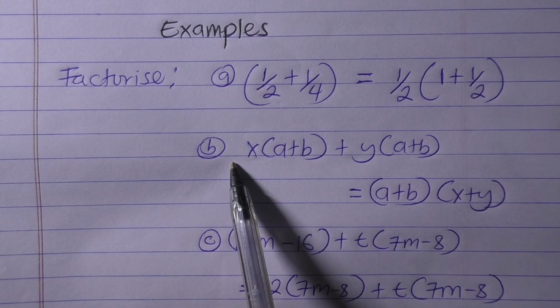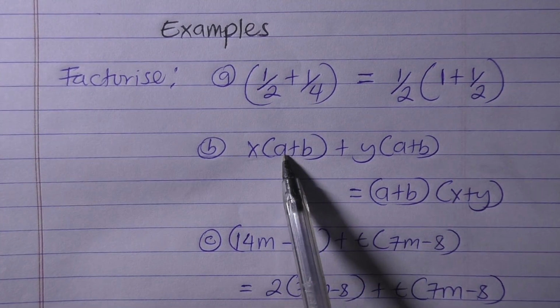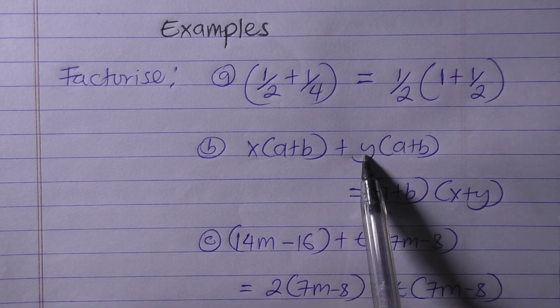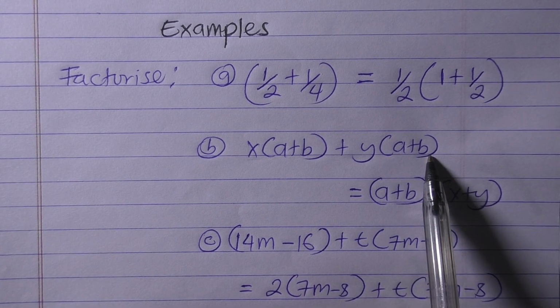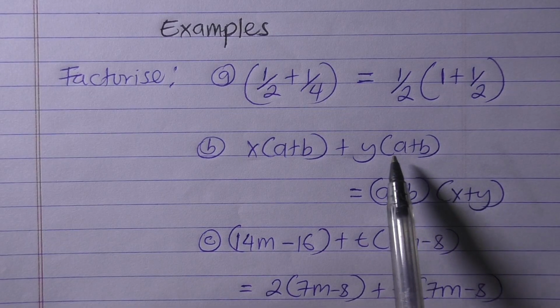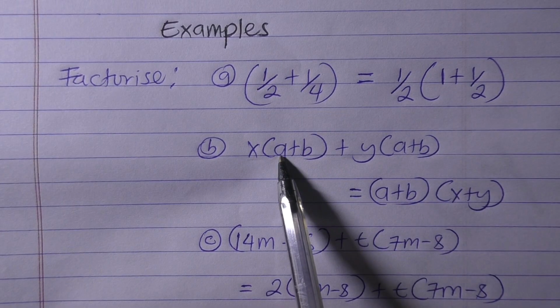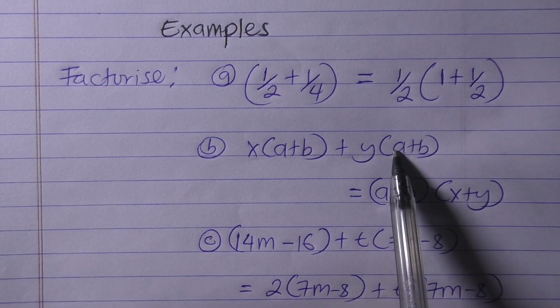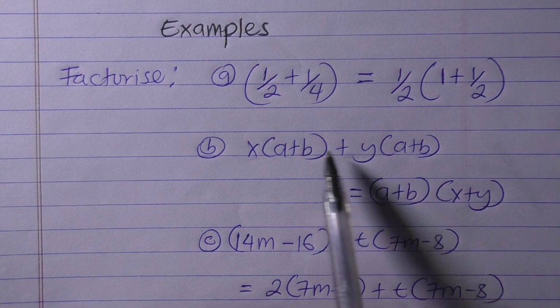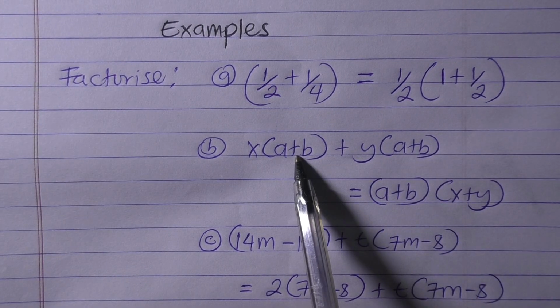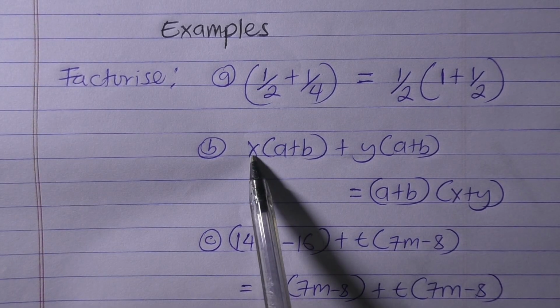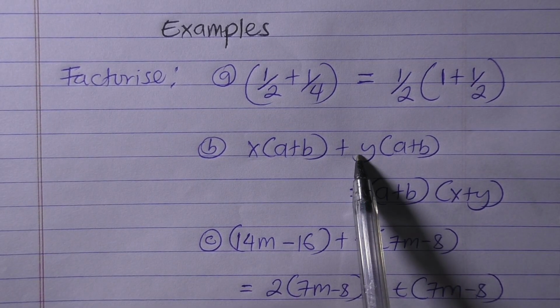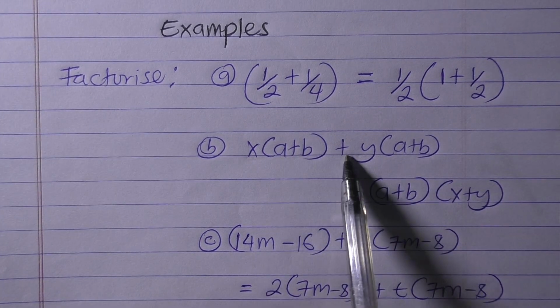Then in part B, we have x into a plus b plus y into a plus b. So when factorizing and we have these similar brackets, what we normally do is we simply bring the terms outside the bracket in a common bracket, or we create a bracket for these terms outside.